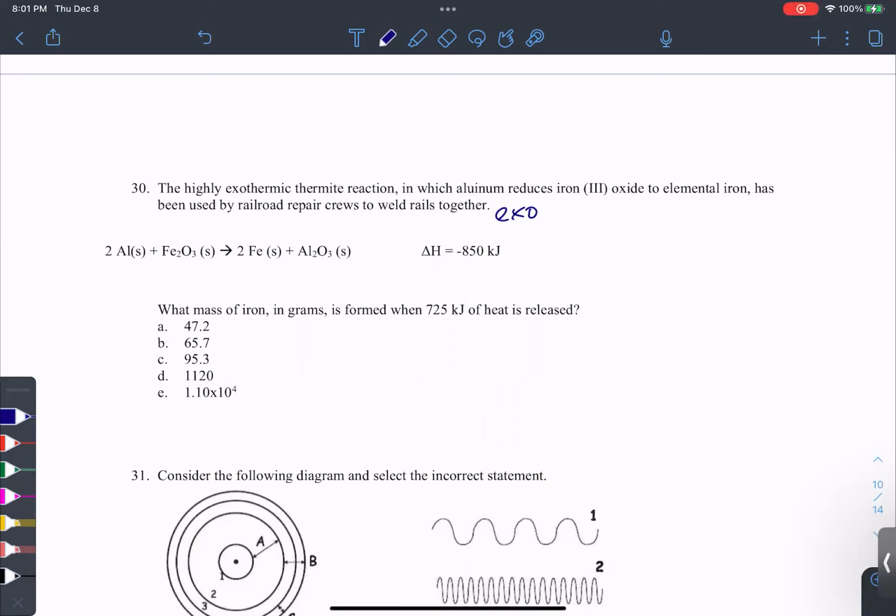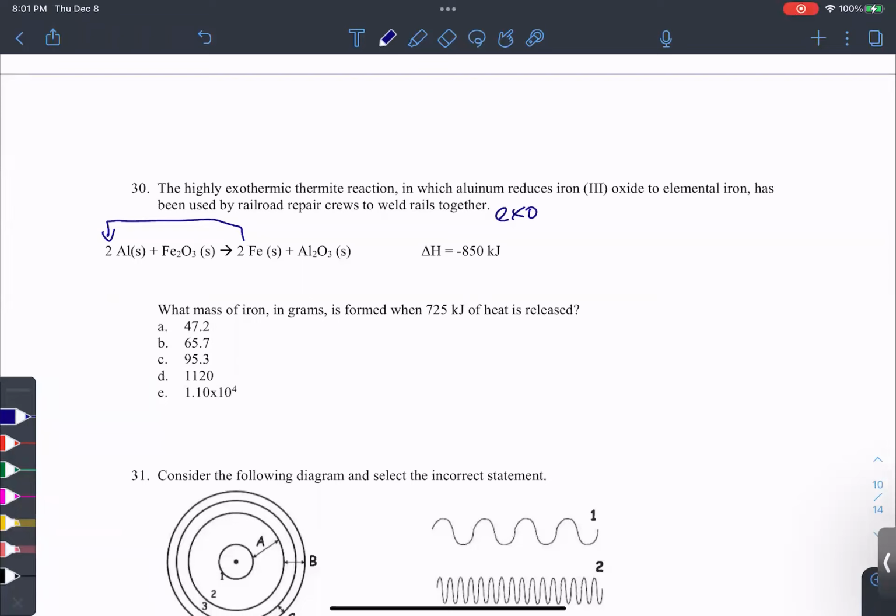So the great thing about thermochemical equations is it works exactly like stoichiometry. So remember how we said, okay, 2 moles of iron requires 2 moles of aluminum to react. We said that in chapter 3, right? 2 moles, 2 moles.